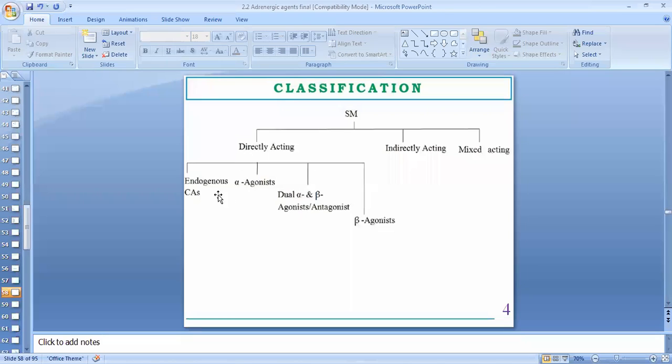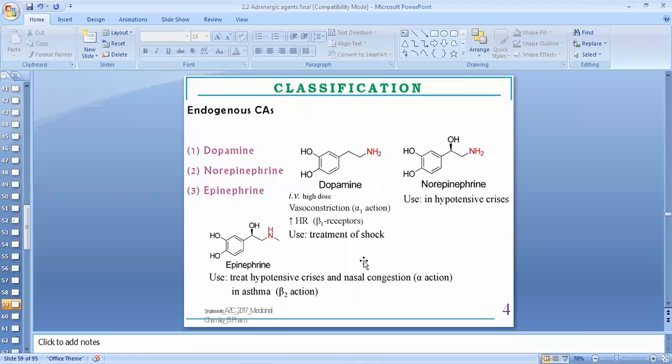Directly acting sympathomimetic drugs include endogenous catecholamines, that is, our neurotransmitters, alpha agonists, the drug molecules that show alpha agonist action, dual non-selective alpha and beta agonists or antagonists, and the last one is beta agonists. Now we are discussing endogenous catecholamines in detail.